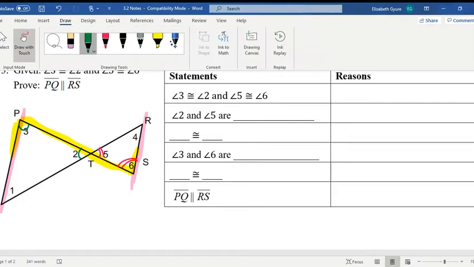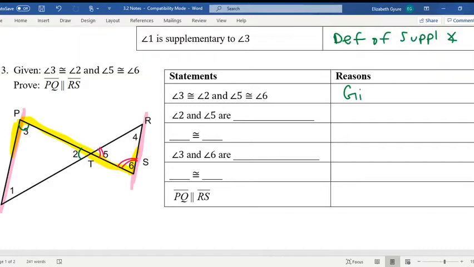So let's put our given. Angle 3 is congruent to 2, and 5 is congruent to 6. Angles 2 and 5, we just talked about it. Andrew just told us they are vertical angles. So angles 2 and 5 are vertical angles.